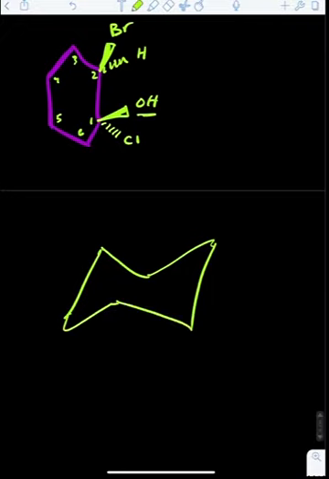So let's draw our format, and then let's also draw in those placeholder bonds that we have. All right, and just like before, I'm going to put one up here and go all the way around.